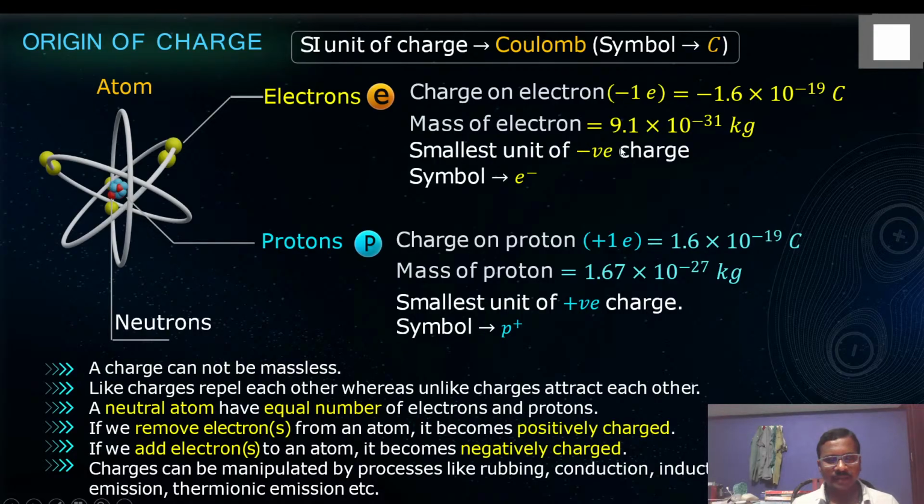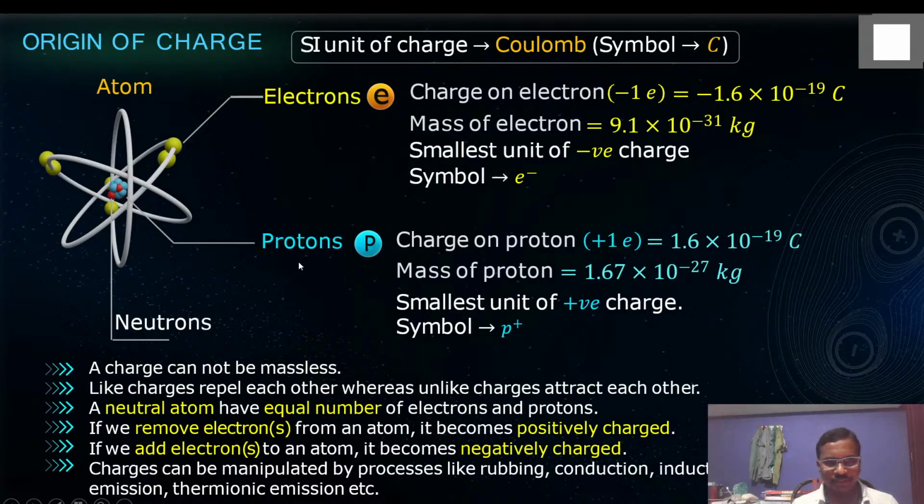Mass of the electron is 9.1 into 10 power minus 31. The smallest unit of charge is the coulomb, and the symbol is e. So this is the smallest one.